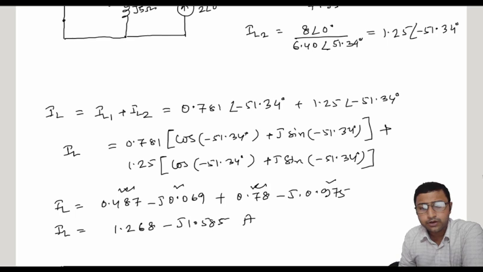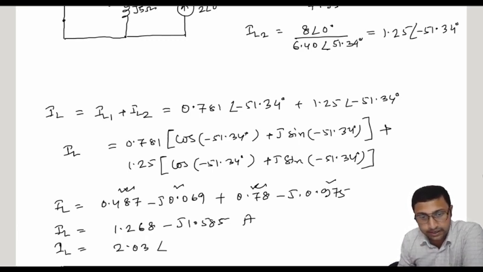Again, if you want to convert it into the polar form, it is the conversion from Cartesian to polar, so the magnitude will be square root of 1.268 square plus 1.585 square, and the angle will be simply tan inverse b by a. So this will be 2.03 at an angle minus 51.34 degree ampere.